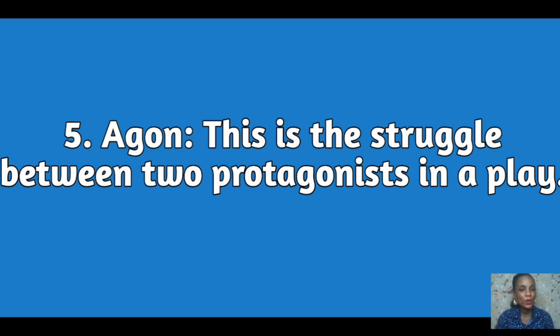Don't forget, we are talking about two protagonists here, not an antagonist and protagonist. Okay? So, agon is the struggle between two heroes in a play, two protagonists in a play. So, whenever you see two protagonists in a play having an argument or struggling over one thing or the other, that aspect, we call it what? Agon.